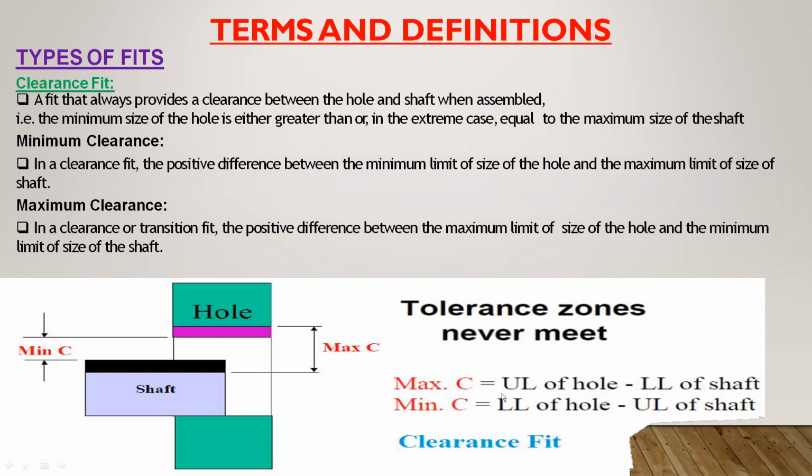These tolerance zones never meet because they vary in their sizes, so they can never meet in the tolerance limits.